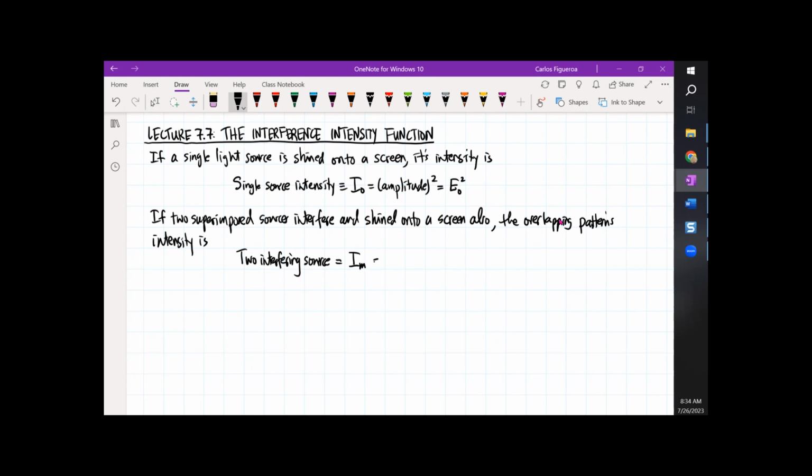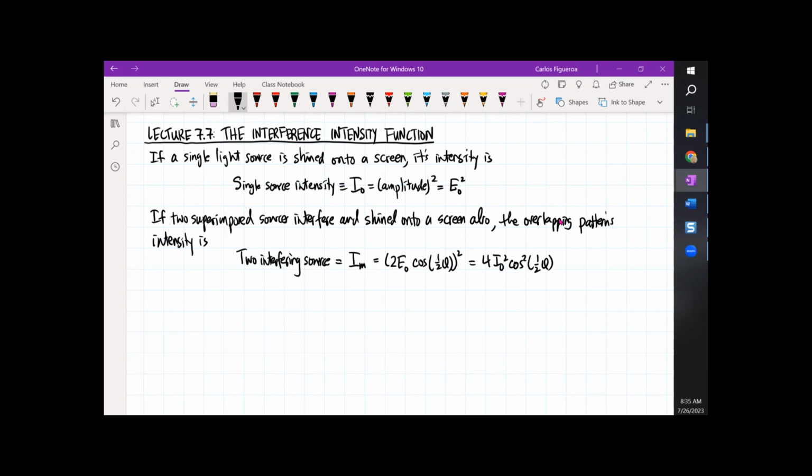This guy is going to be equal to 2 times the electric field amplitude times our phase factor squared, and this becomes 4 I naught squared cosine squared of 1/2 V.